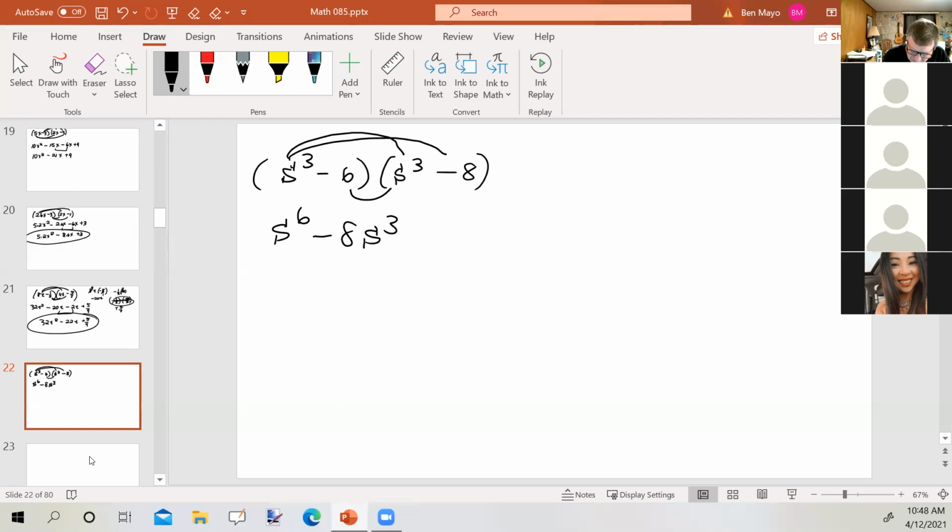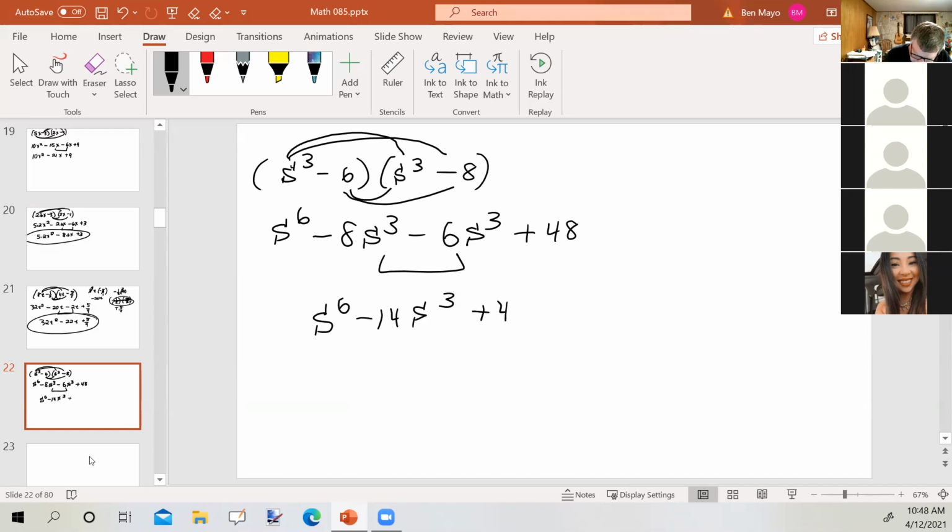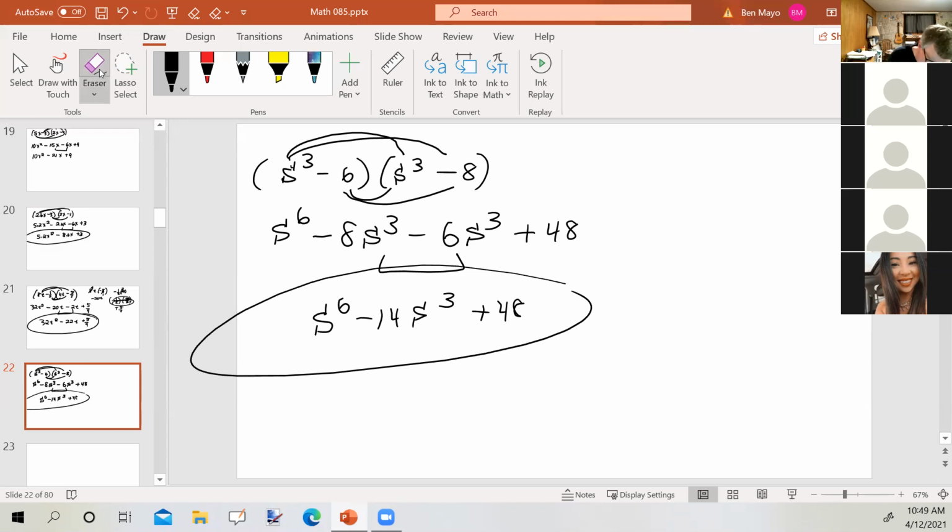Minus 6 times s cubed is minus 6s cubed. And minus 6 times minus 8 is a plus 48. Combining like terms, s to the 6th minus 14s cubed plus 48. Write that a little neater here.